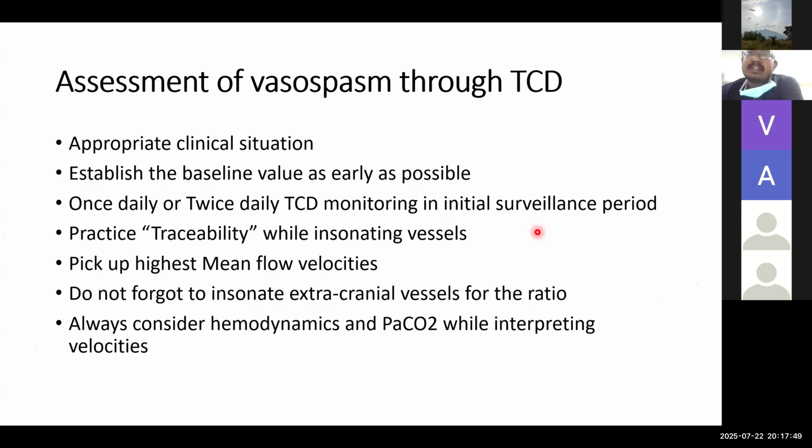So first, measure intracranial velocities, use traceability, then pick up the highest mean flow velocities, and measure velocities in the extracranial vessels also. And as a holistic measure, try to look at the hemodynamics, and note down the blood pressure at that particular point of time, as well as PaCO2.